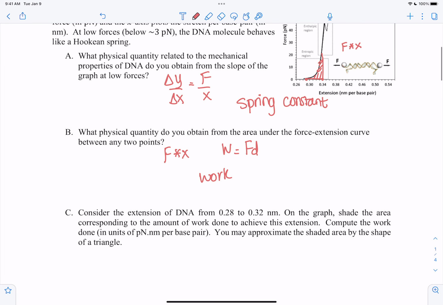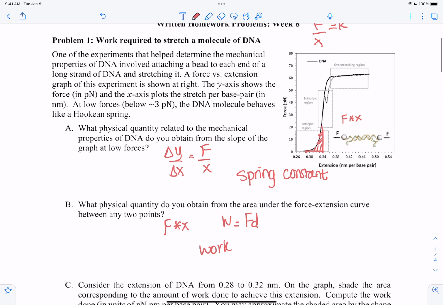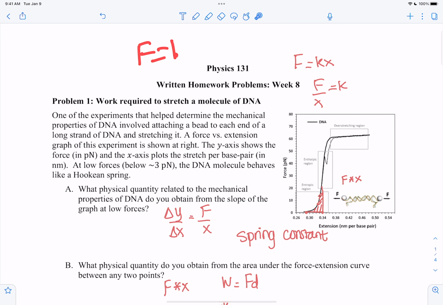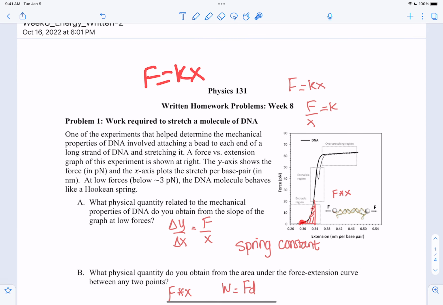If you wanted to be more specific, yes, absolutely, because the spring force here is not constant. It'll change over time. The reason is that F is equal to kx, and we know that k is your slope, and the slope constantly changes throughout that whole graph. So if that spring constant is constantly changing as the extension changes, then your force is always going to be different, or at least it's going to vary throughout.